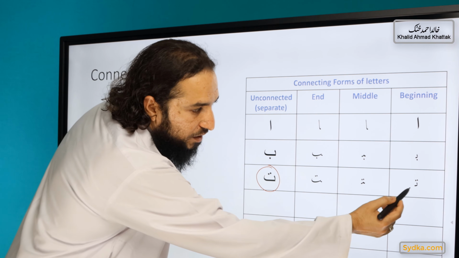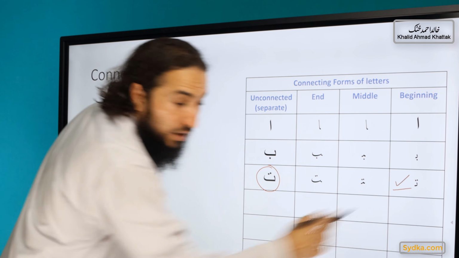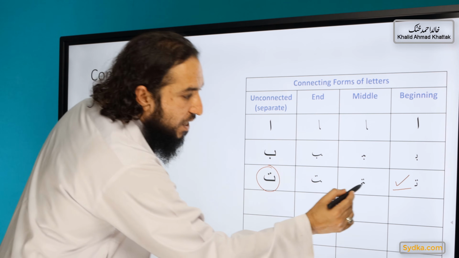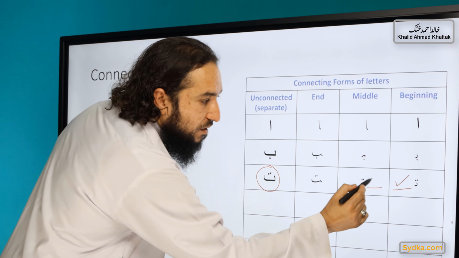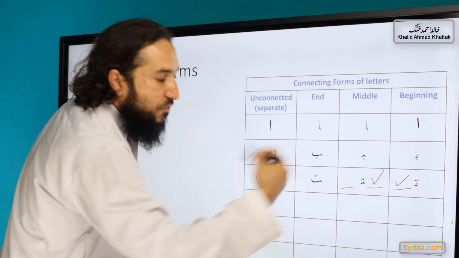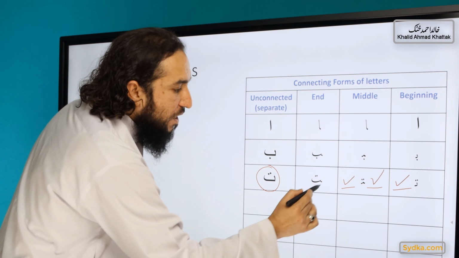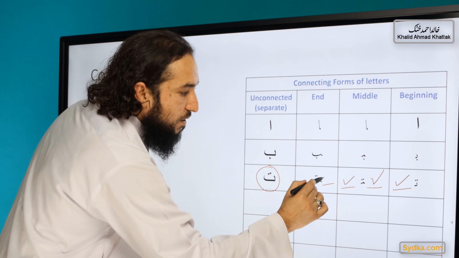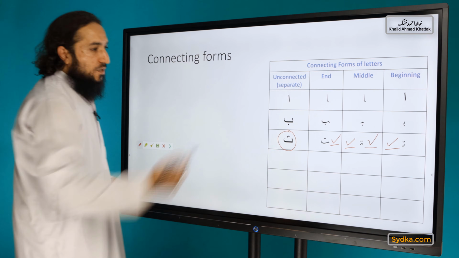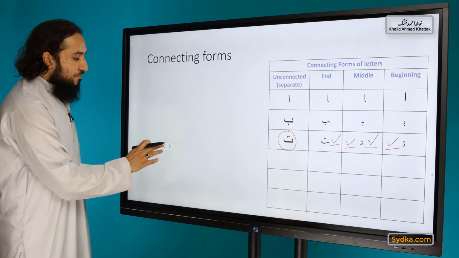If it is in the beginning, you can connect other letters after it. If it is in the middle, you can connect other letters before it and after it. If it comes at the end of a word, it can connect other letters before it. So it is a connecting letter.